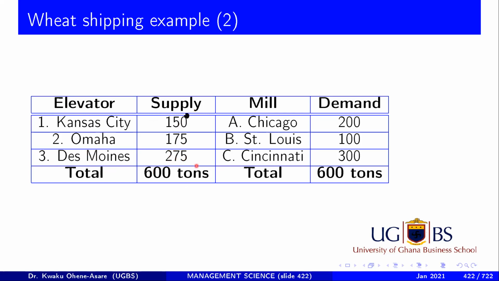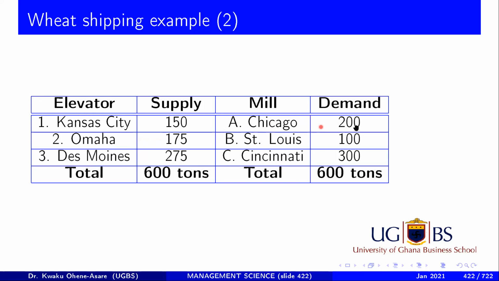These are supplying to the mills in Chicago, St. Louis, and Cincinnati. So we are moving from 1, 2, 3 to A, B, C. But remember, Kansas City will supply to all 3. Omaha is supposed to supply to all 3. DM is supposed to supply to all 3.